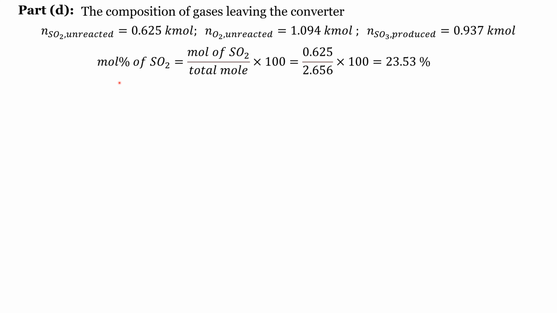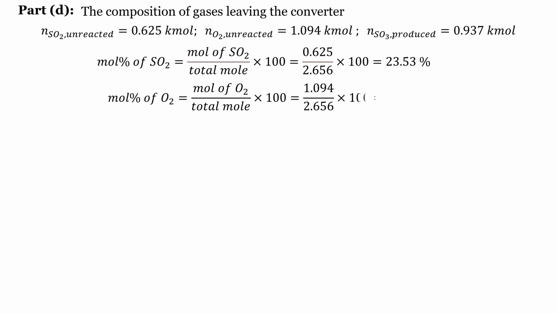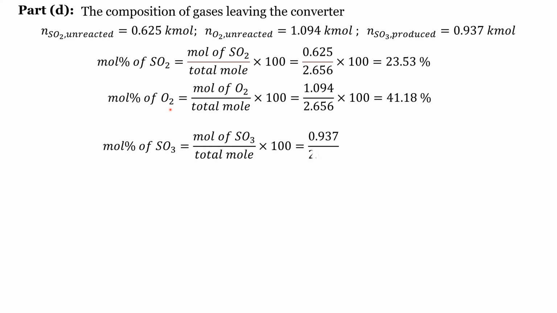Now mole percentage of SO2 will be equal to moles of SO2 divided by total moles into 100, and after calculation it will come out as 23.53 percent. In the same way, we can find the mole percentage of O2 and of SO3. Here total moles means moles of SO2 unreacted plus moles of O2 unreacted plus moles of SO3 produced.